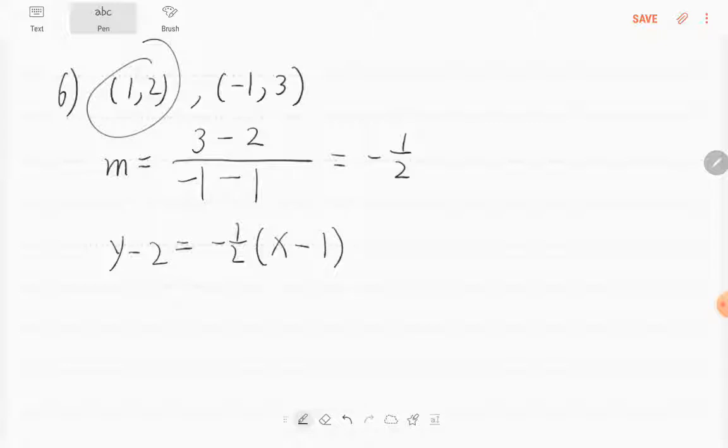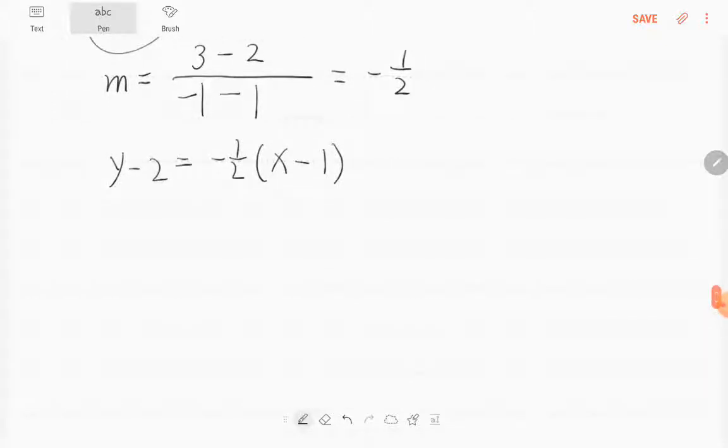So x coordinate of this point. So this is called the slope-intercept form. It depends on the problem which form you want to get at last. For example, if the problem asks you to give the slope-intercept form, you need to write y equals something, right?